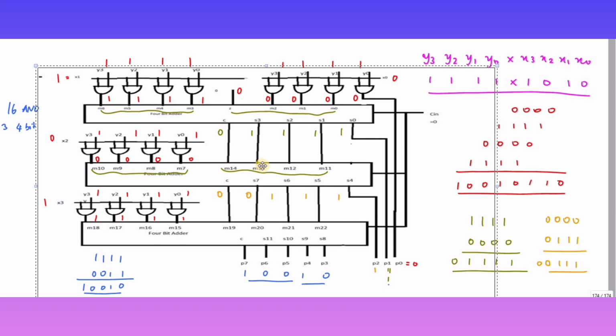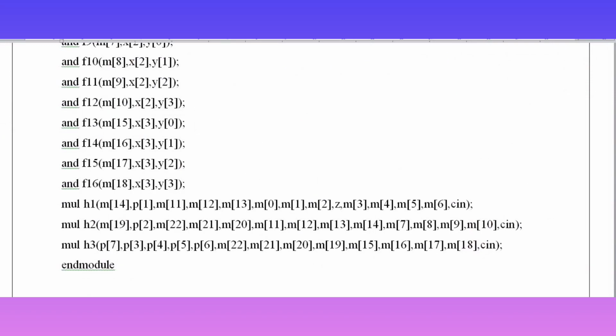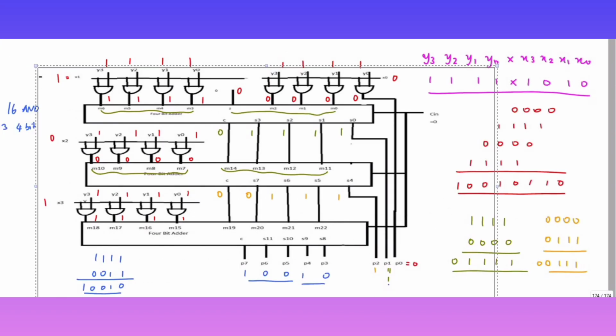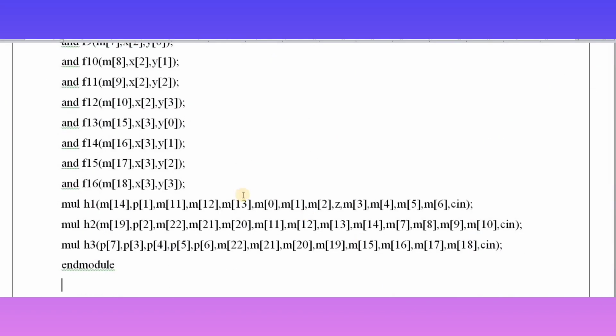Okay, carry followed by the sum: M13, M12, M11, and P1. So it starts from M14 followed by P1, M11, M12, and M13. Okay, it has to start from the LSB of the sum to the MSB of the sum.